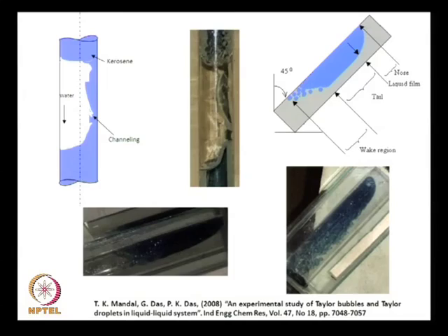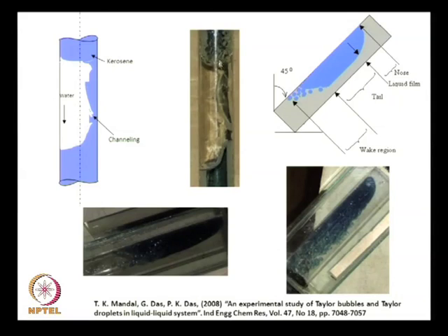And another very interesting thing that we have observed, I think I have the slide for it, yeah. Another very interesting thing that we have observed for liquid droplets. What is that? When a kerosene Taylor bubble is rising through water, what do we find? That it is more or less axisymmetric.